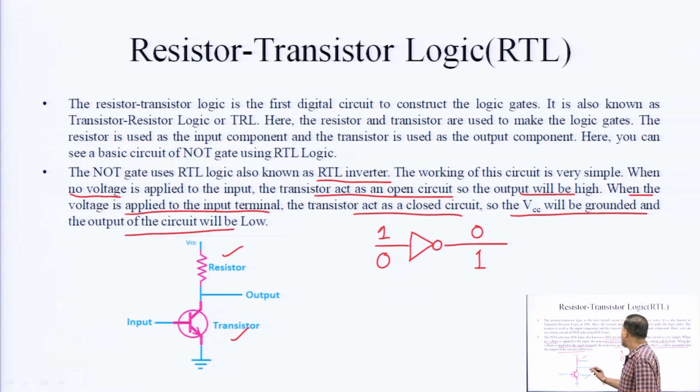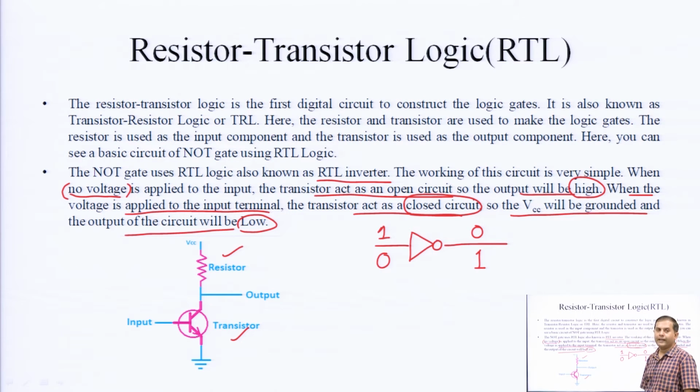Once again, when no voltage is applied to the input, the transistor acts as an open circuit and the output will be high. When the voltage is applied to the input terminal, the transistor acts as a closed circuit, so the output will be low. Very simple. The architecture of the RTL NOT gate or inverter has been discussed.